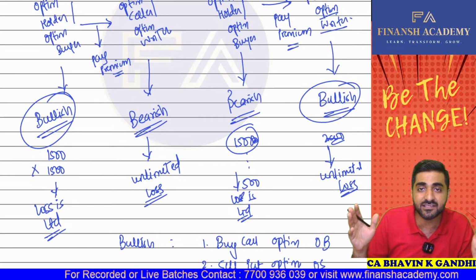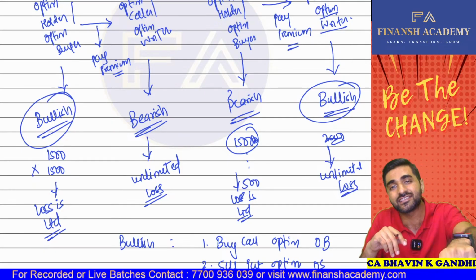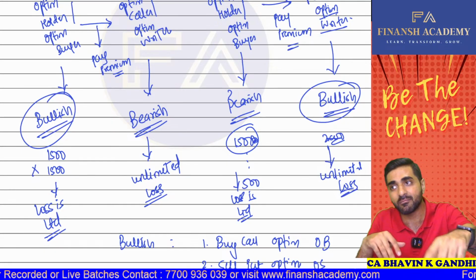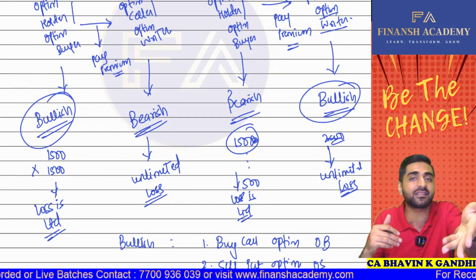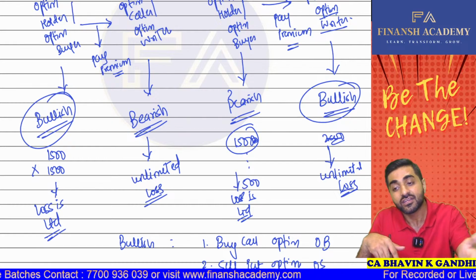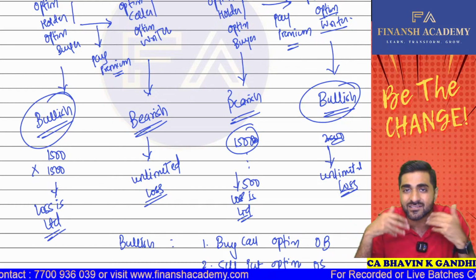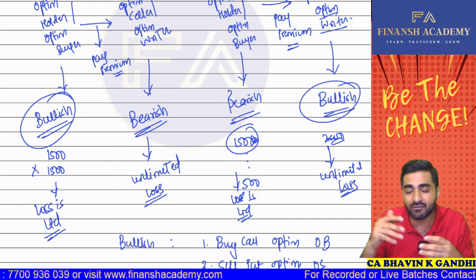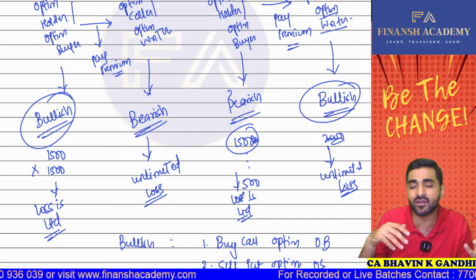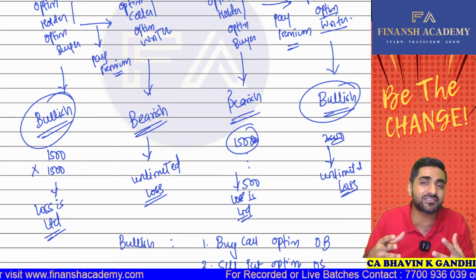So suppose the price becomes 20,000, but still the option seller has to execute this contract. Okay, because if the option holder comes, because he has paid the premium for it, the option seller has to compulsorily execute this. So irrespective of whether it is 20,000, 25,000, or whatever the price is going to be, the option seller has to compulsorily execute this transaction.